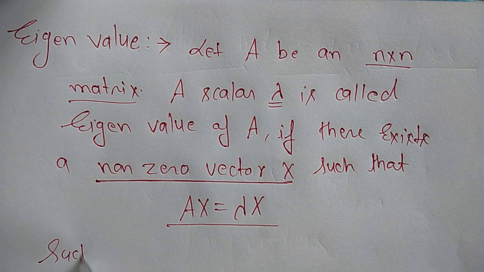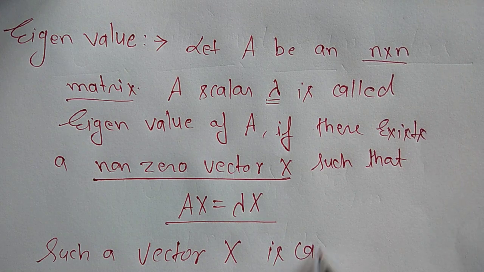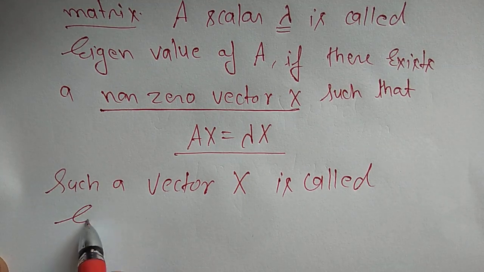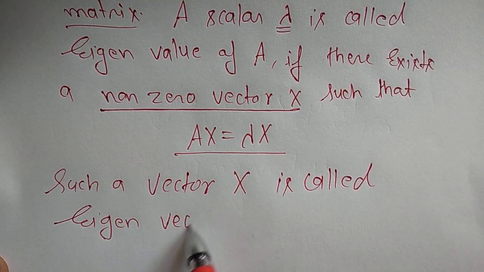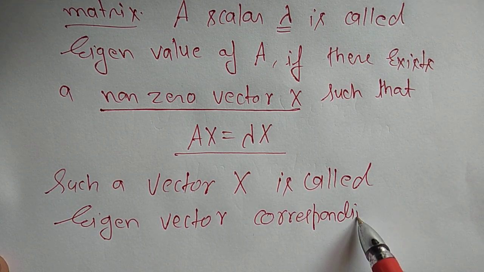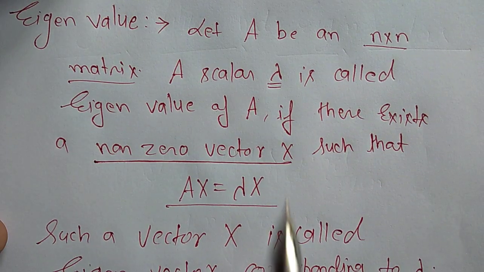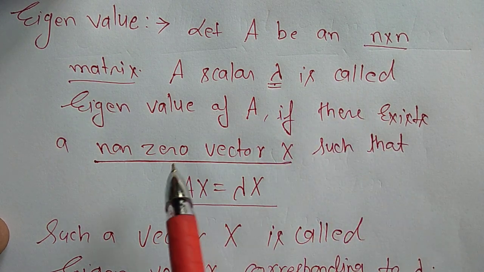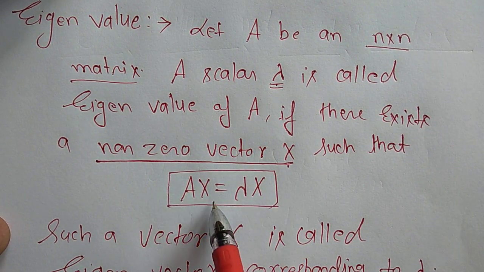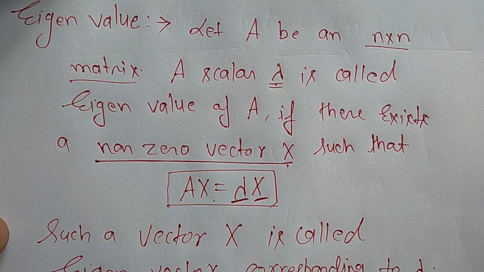Such a vector x is called an eigenvector corresponding to lambda. So if this equation is satisfied for x and lambda, lambda is called the eigenvalue and x is called the eigenvector.